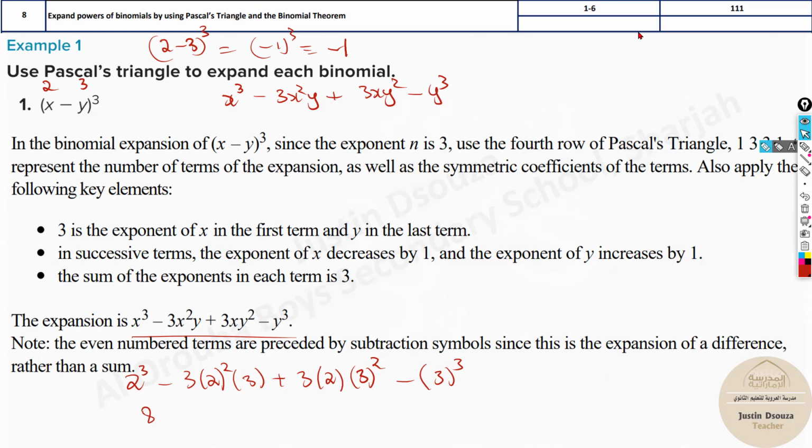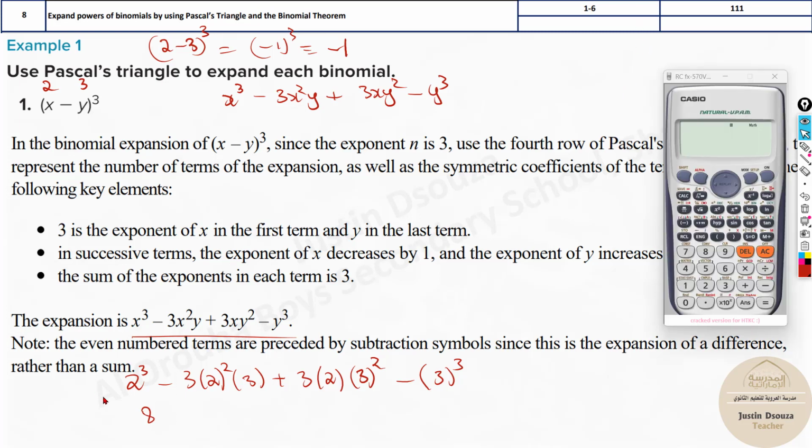Now let's take our calculators. Here you just substitute: 2 cube minus 3 into 2 square into 3 plus 3 into 2 into 3 square, and lastly minus 3 cube. It's minus 1. Over here also we found minus 1. This matches. All the other answers will not match, so you can disregard them.